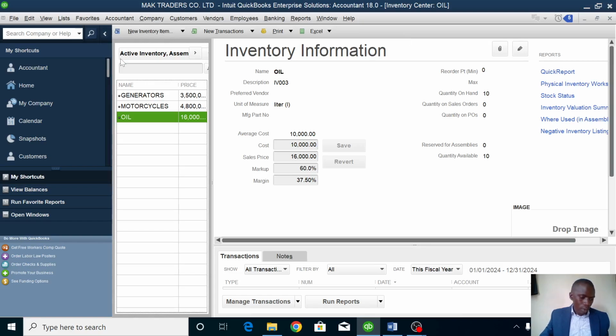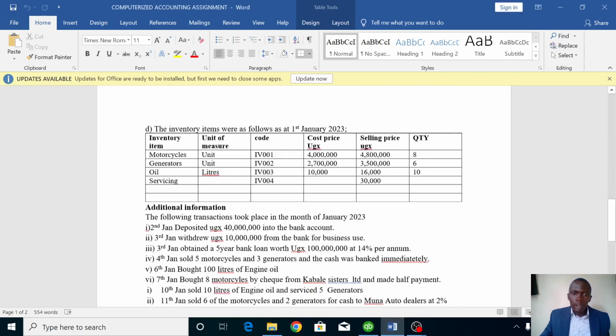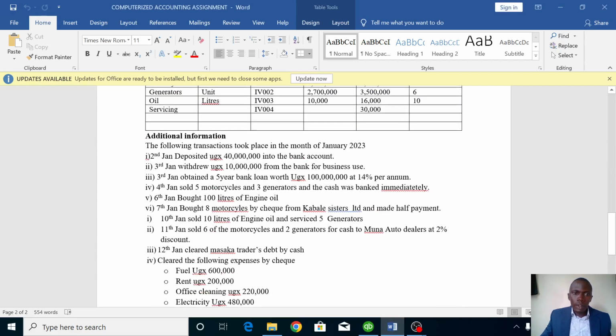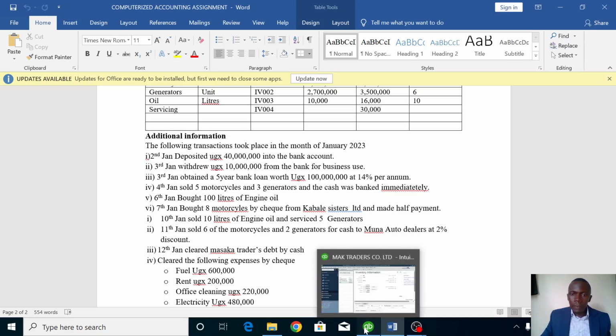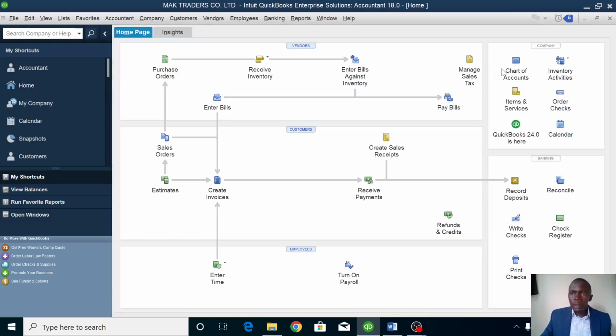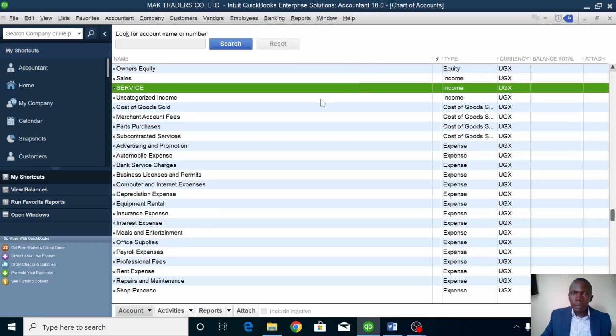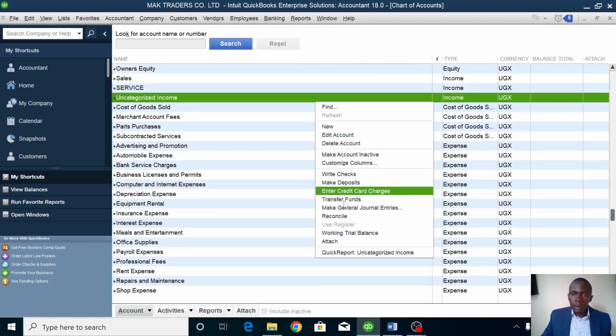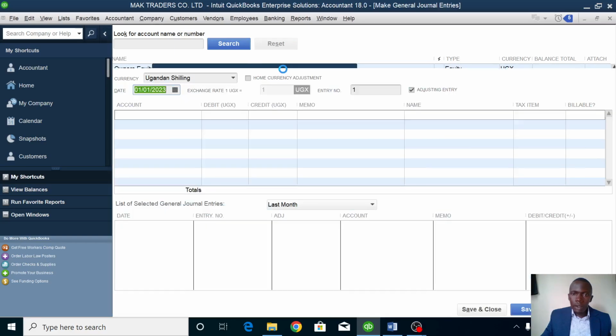So we are going to our additional information. Our additional information says on January we deposited 40 million into the bank account, meaning our capital increased. So we are going to chart of accounts. We right click, we say make journal entries.